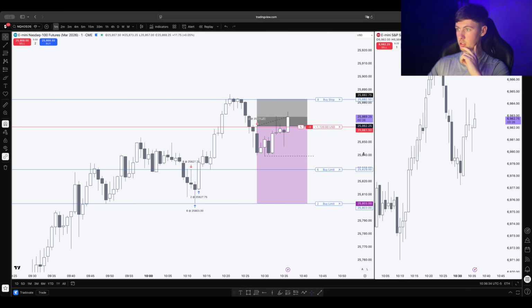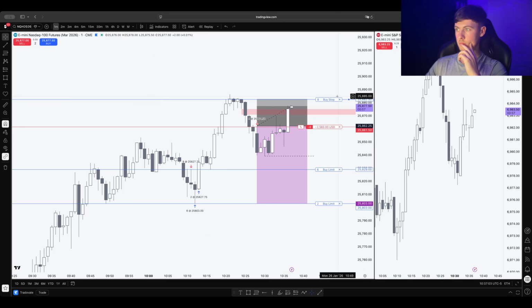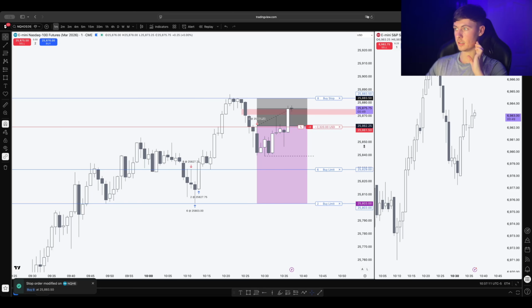So you can see that as a potential SMT. Just making sure that the stop loss is above that bearish order block for true invalidation of the model. 83.50, yeah.